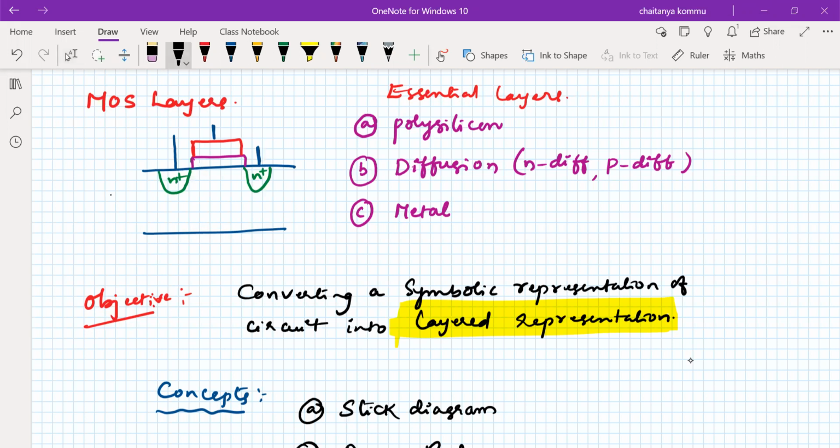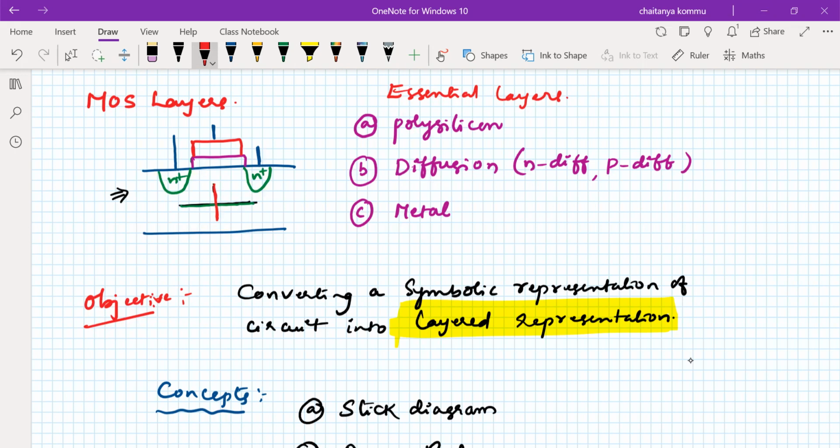So look at this MOSFET here. Here you can observe that horizontally the diffusion is available. Vertically there is a polysilicon. So whenever the polysilicon is crossing this N diffusion line, then we can say that the transistor is formed there.